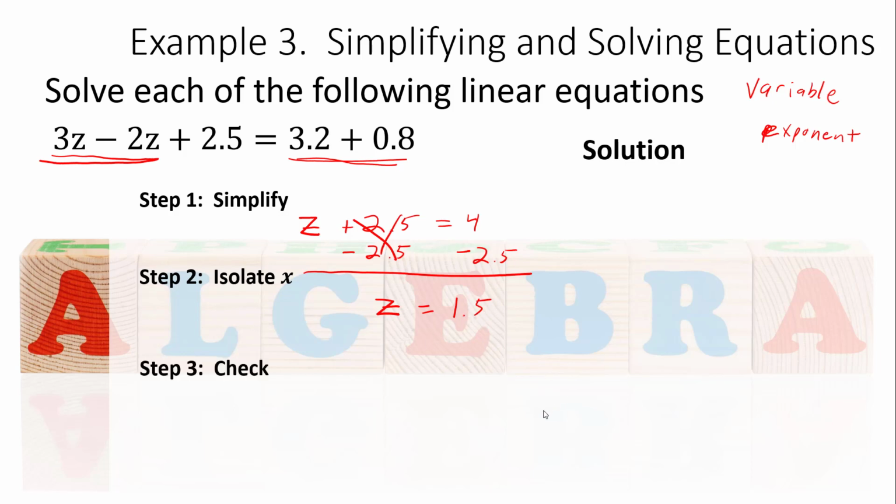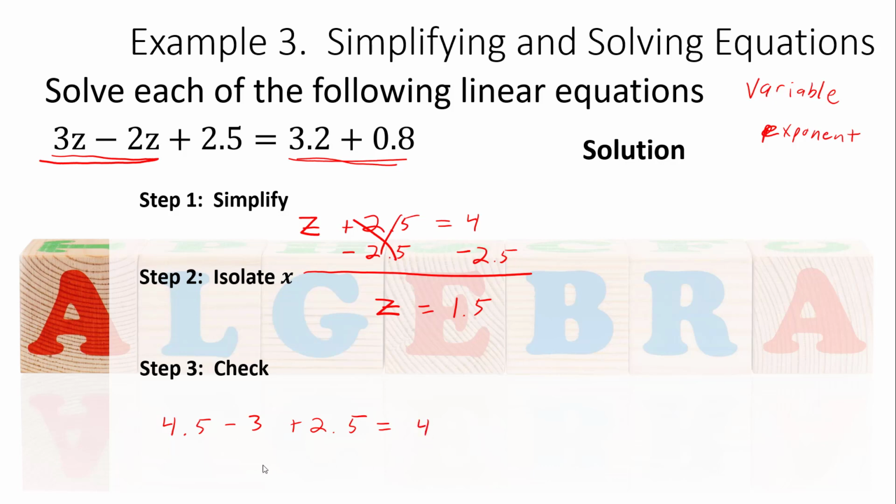Are we sure about that? Well, we can check just to make sure. And how are we going to do that? Well, we will substitute 1.5 in for z here and here. And that would give me 3 times 1.5, which by the way is 4.5, minus 2 times 1.5, which by the way will give me 3, plus 2.5, and that's going to be equal to 4.